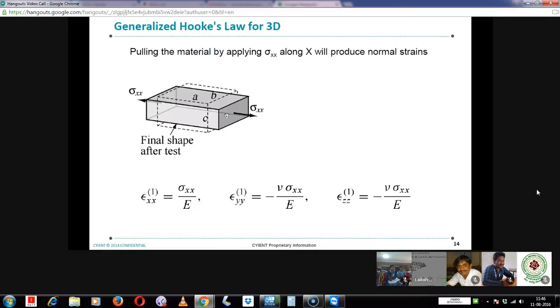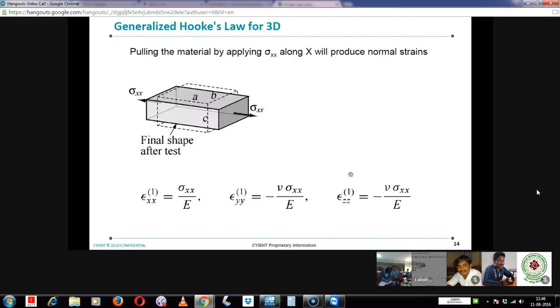When you pull this material in the X direction, along this direction there will be extension, an elongation, and in the other two directions there will be compression because of Poisson's ratio. The same thing is represented here. Strain is represented along xx. This is the strain due to Poisson's ratio effect along the y direction. This is the strain due to Poisson's ratio along the z direction.